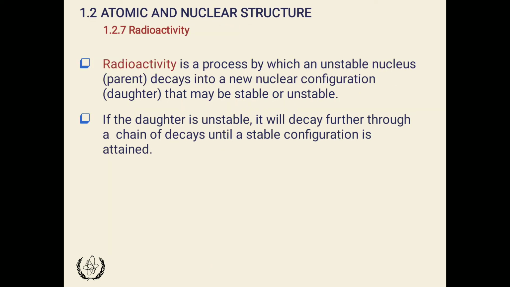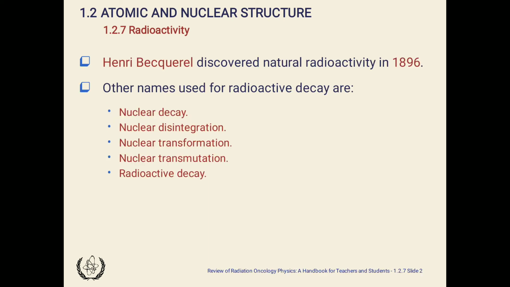Then radioactivity. The new topic is radioactivity, which is the process by which an unstable nucleus, that is the parent, decays into a nuclear configuration, that is the daughter nuclei, which may be stable or unstable. If the daughter is unstable, it will decay further through a chain of decays until a stable configuration is attained.